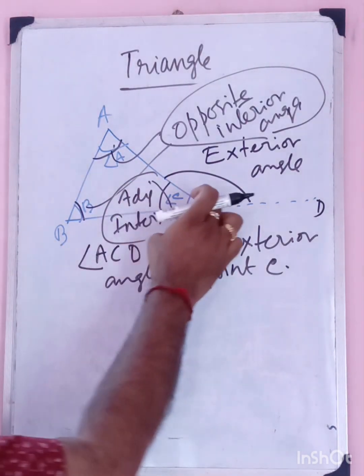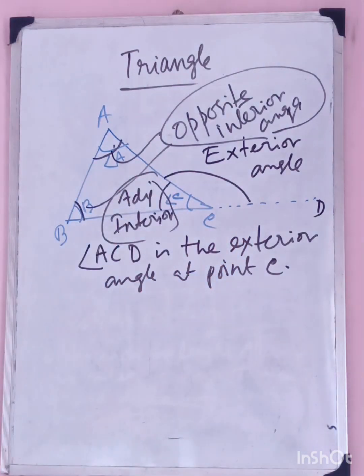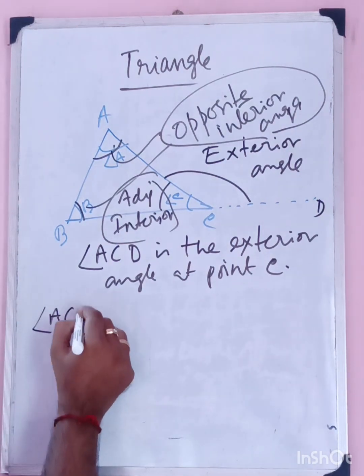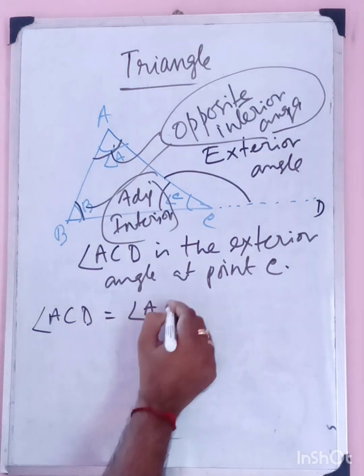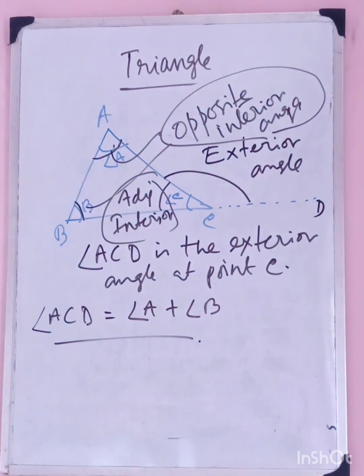The exterior angle is equal to the sum of two opposite interior angles. That is, angle ACD is equal to angle A plus angle B. This is one vital property of triangle.